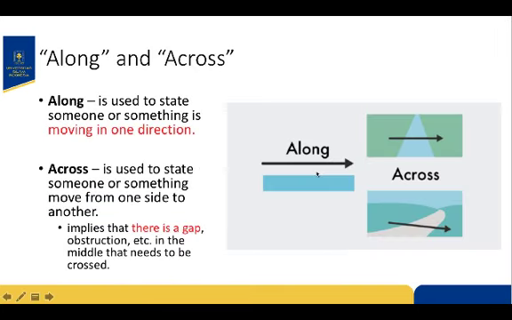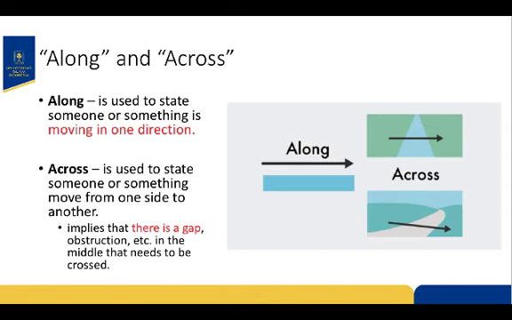Now, let's discuss the next prepositions, that is along and across. As you can see from the picture, along is used to state someone or something is moving in one direction.